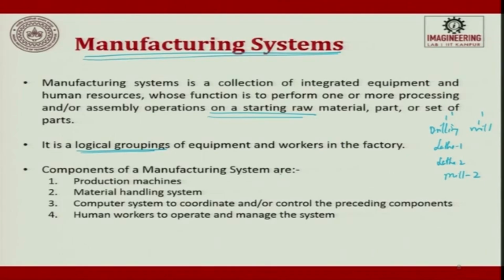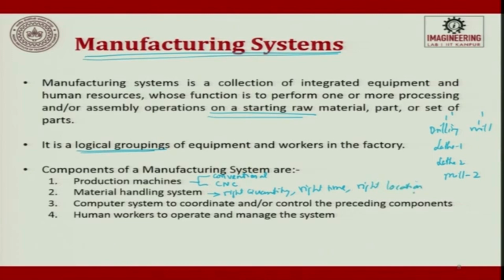The components of manufacturing system are production machines, which include conventional machines and CNC machines. Then you have material handling system, which I said in the previous itself. Material handling system includes, or I will redefine, I will say right quantity, right time, right location.